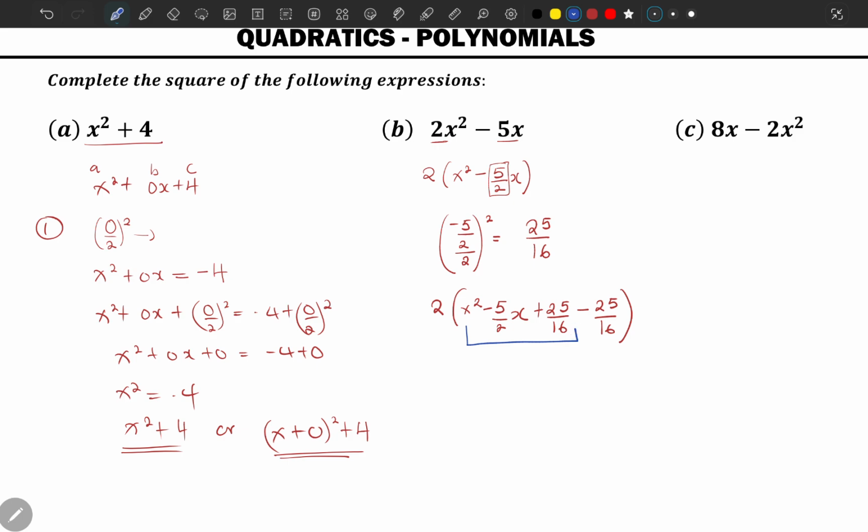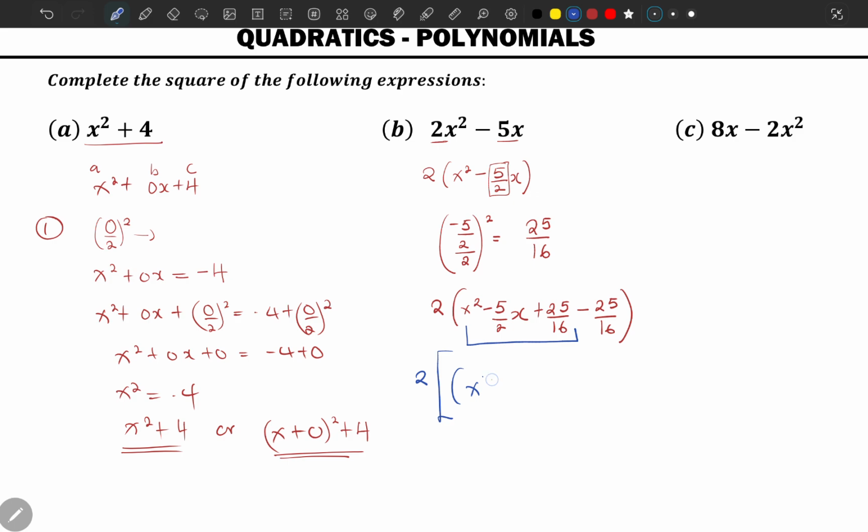Moving well. Now, our interest is this part. This is just a quadratic expression that we can easily factor out by finding the sum and the product. So here's what you do. You just group this part and that part together, then you square outside.